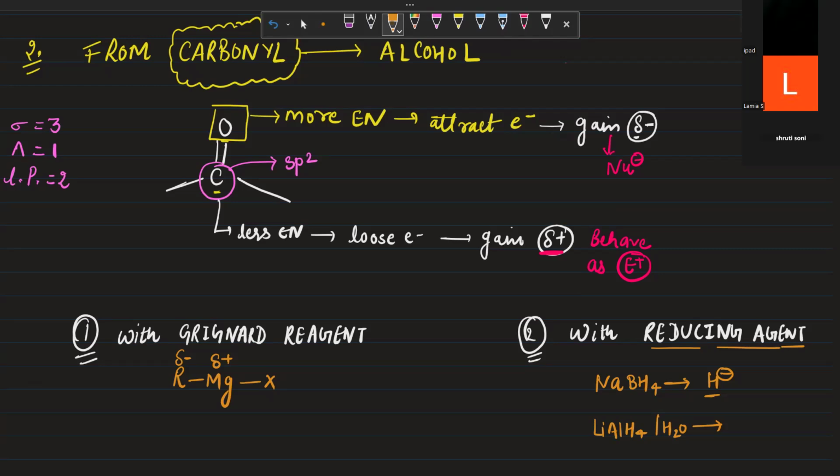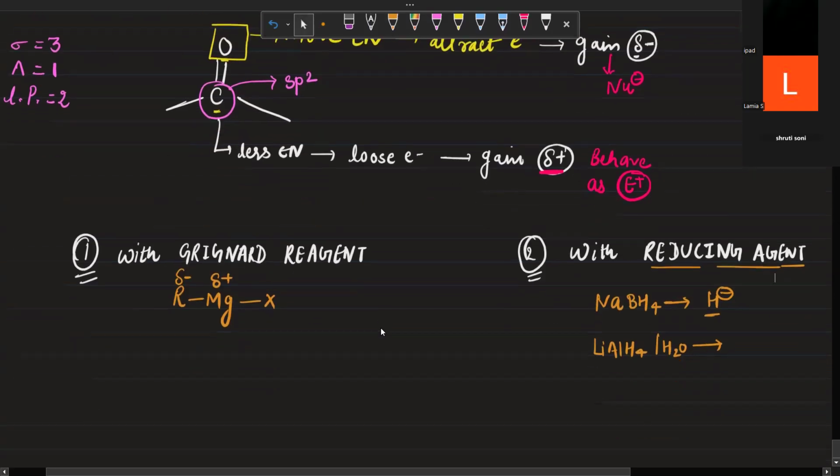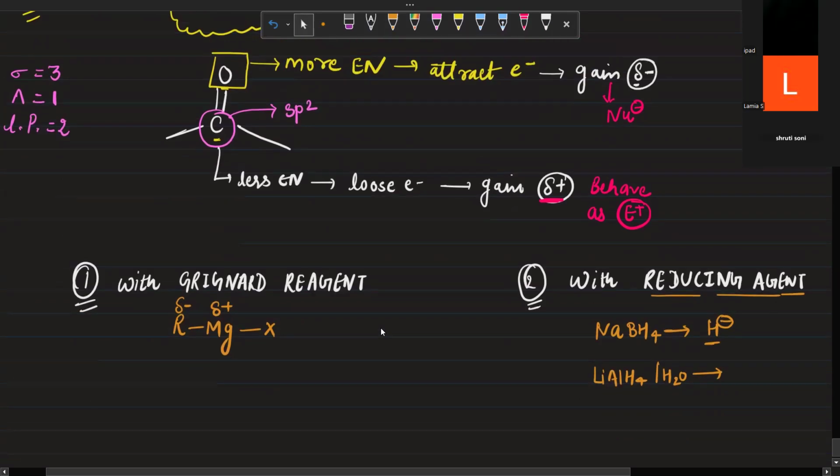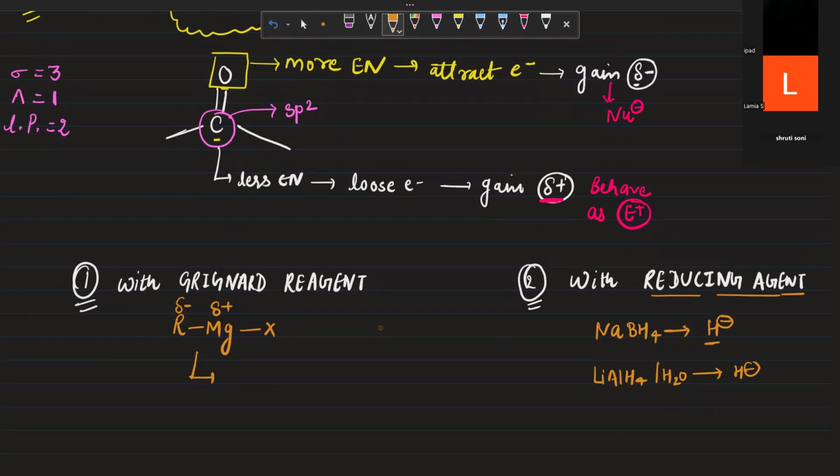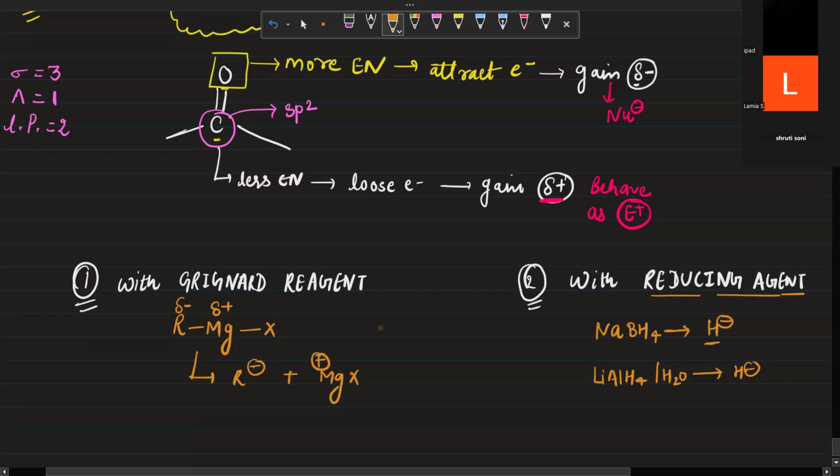Okay. So now let's start with the first. One more thing: a reducing agent donates H minus ion. In Grignard reagent, the bond will break between R and MgX. So R has negative charge and MgX has positive charge. These two things you need to know.